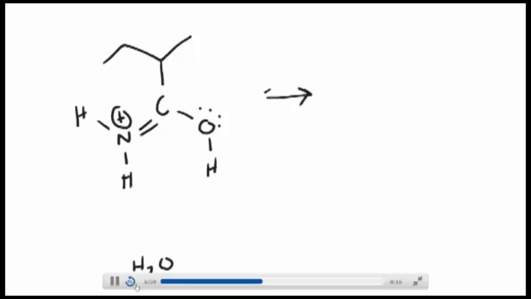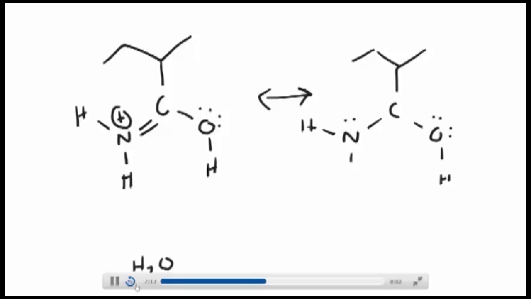So the resonance structure that we have here initially will go to the carbonyl carbon, and then we can draw another resonance structure as the oxygen acts as the electron pair donor toward the pseudo carbonyl carbon.